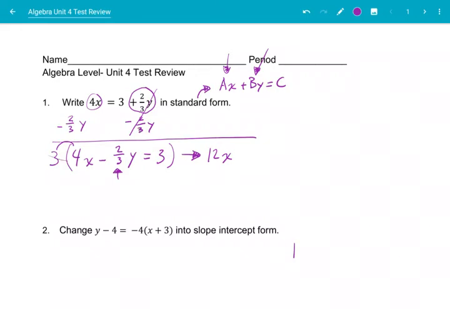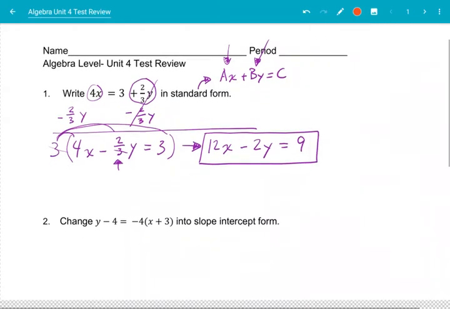And then that just cancels this, so whatever is left on top is what is there. And then 3 times 3 is 9. So here's my final answer, that's that other equation in standard form.